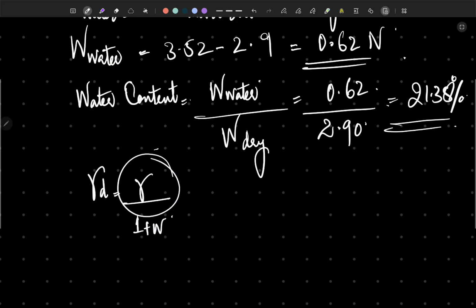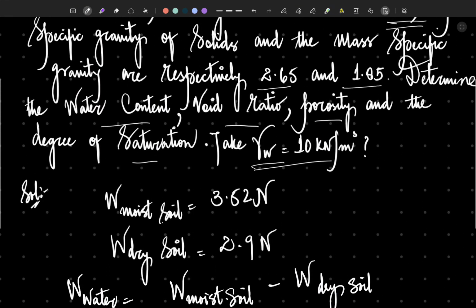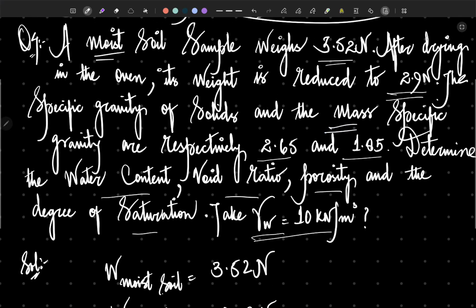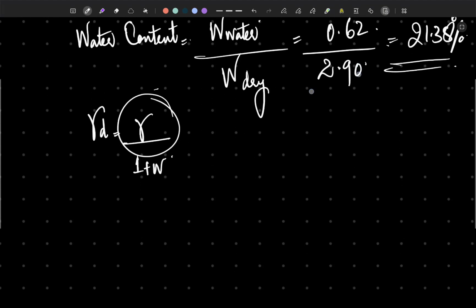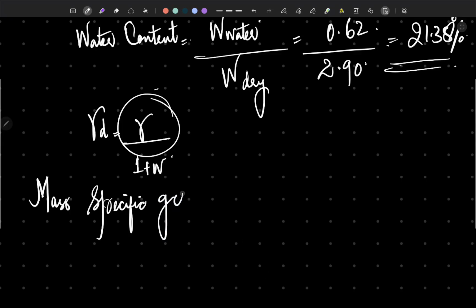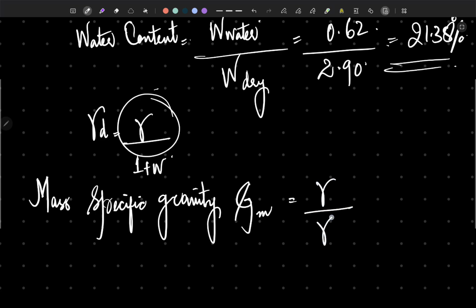But for that, we must be knowing bulk unit weight, and that is where this thing will come handy. Mass specific gravity has been given. By that we will arrive at the bulk unit weight. How so? Because mass specific gravity, denoted by Gm, is equal to bulk unit weight divided by the unit weight of water.